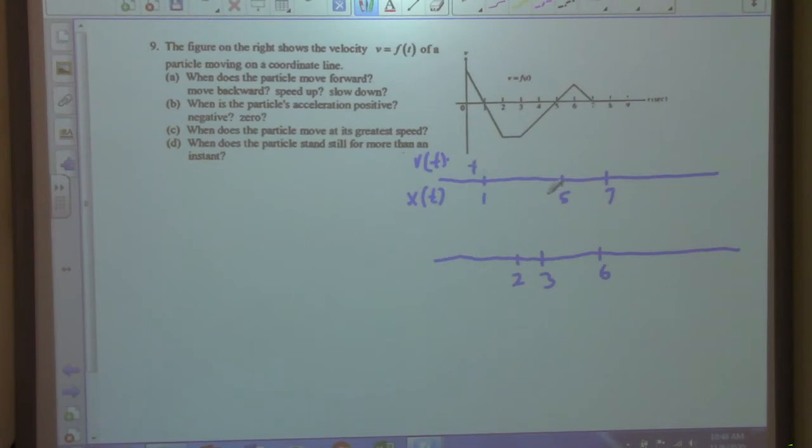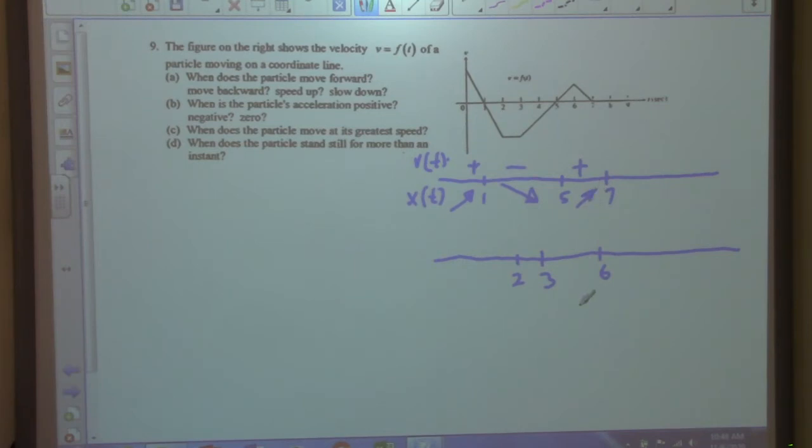And between 1 and 5? Minus. And then plus right here. So a plus means that over this interval x of t is going up. Between 1 and 5, x of t is going down. And between 5 and 7, x of t is increasing.